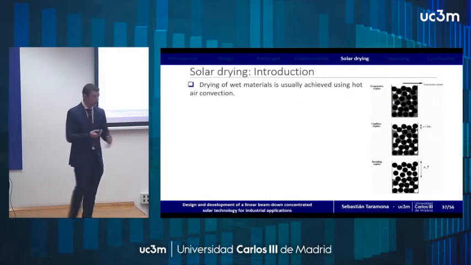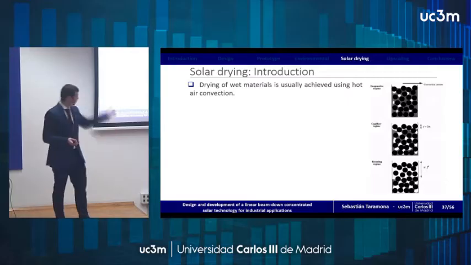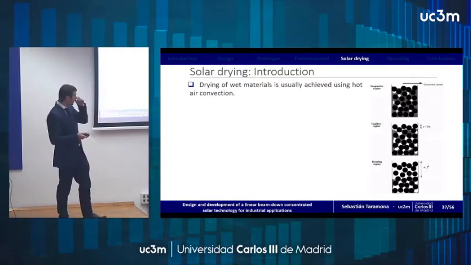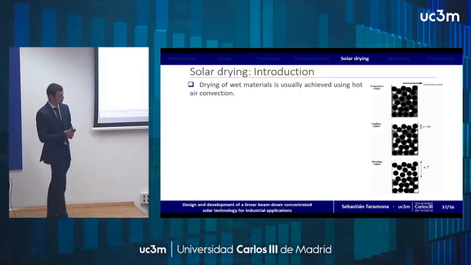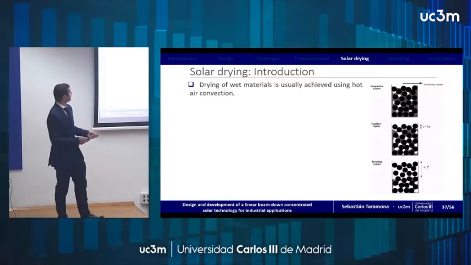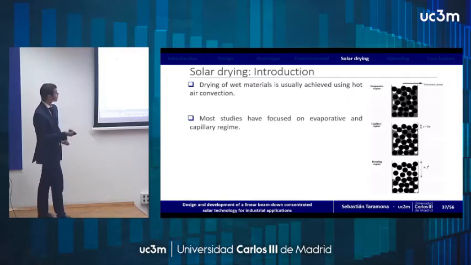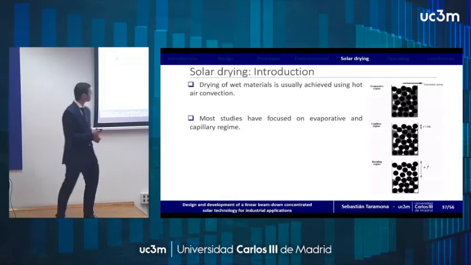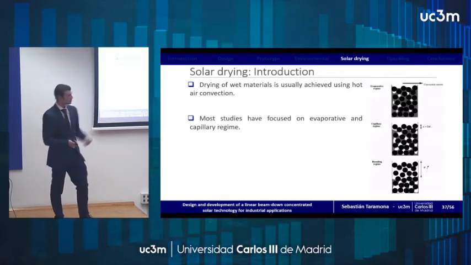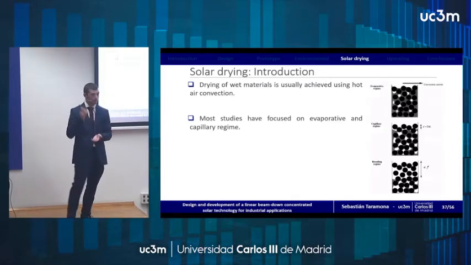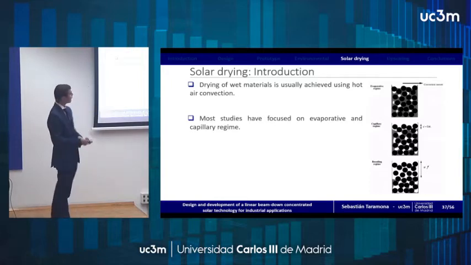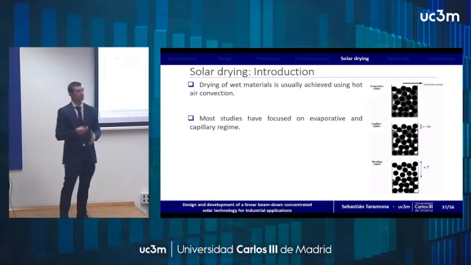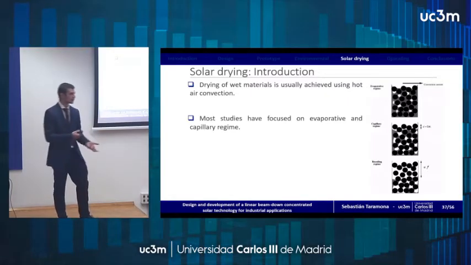Now, the drying process of particle materials is usually done using hot air convection, either by blowing air perpendicularly to the particle bed or in parallel. And most of the literature is focused on the two regimes that you can see in the top right of the figure: the evaporative regime, in which the bed is completely saturated with water, and the capillary regime, in which, even though it's not completely saturated, we still have these inner flows of water and capillary effect.